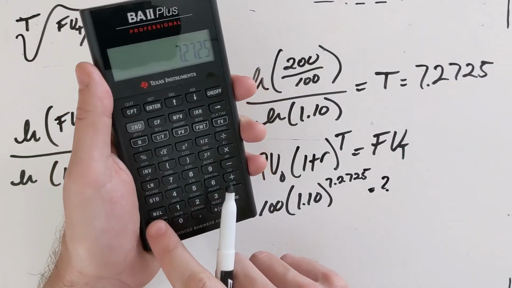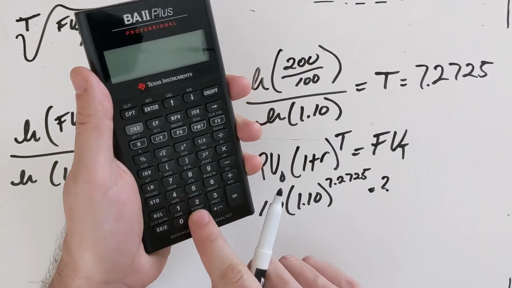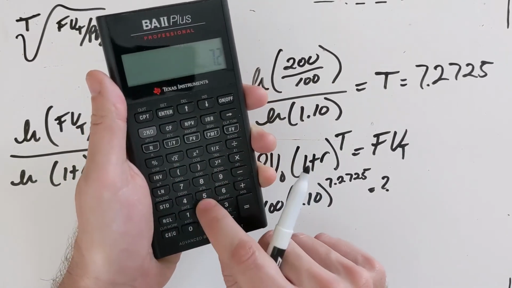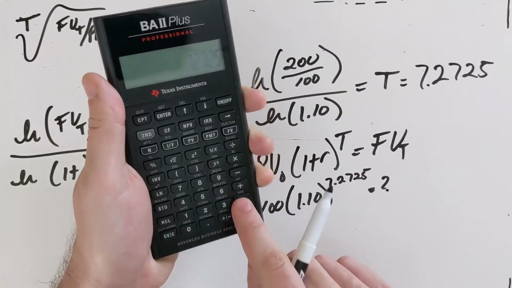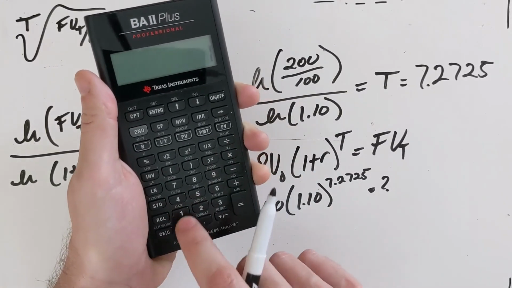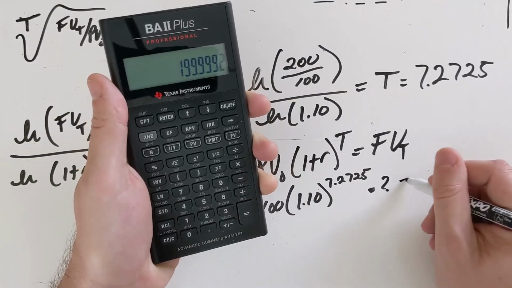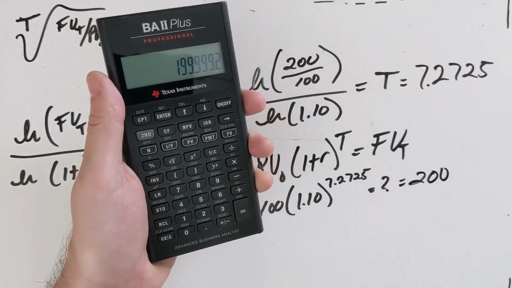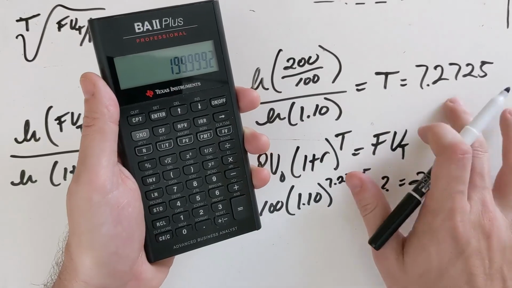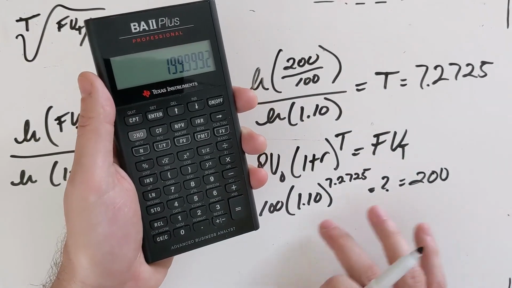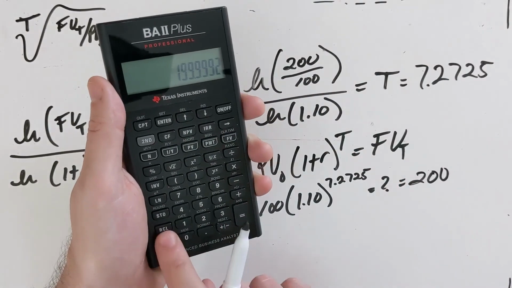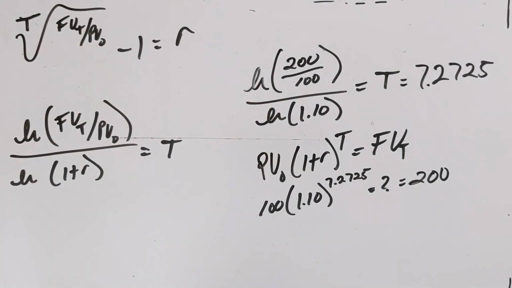Let's check this: 1.1 raised to the 7.2725 power times 100. Again, a little bit of rounding, but yes, 200. The rounding is because we didn't write down enough decimal places. This has a little bit of error in it. And that's how you do this.